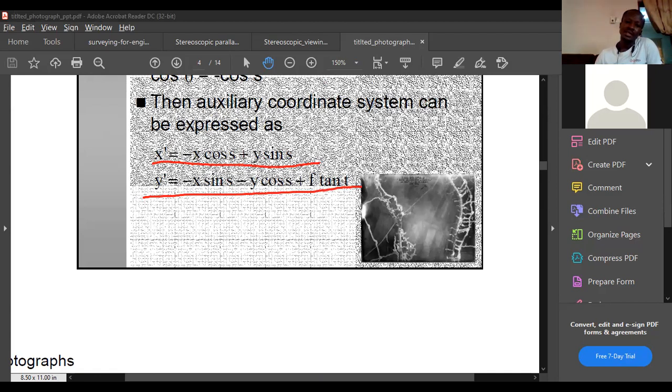So we've been given xa, ya, we can get xa prime, ya prime, and we know our f, and the t. Now, are we using s or are we using theta? The formula will change slightly based on which one we want to go for.